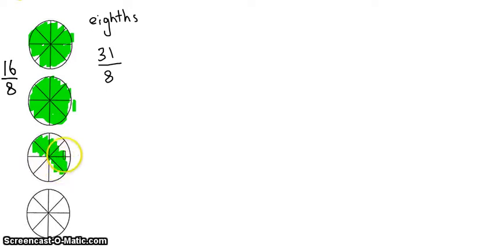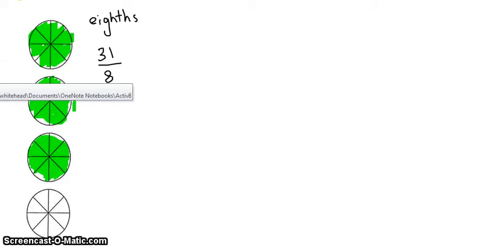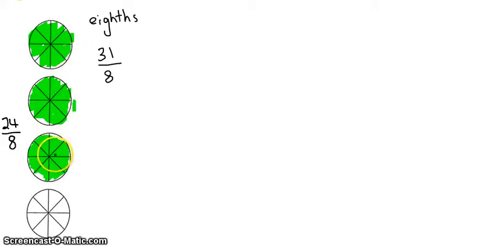So I might need to shade in another whole or another 8 eighths. And now I would have shaded in not 16 eighths, but, excuse me, 8 and 8 is 16 and 8 is 24 eighths. Okay, so here we've got pictures representing 24 eighths, but I want to shade in 31 eighths. So I need to shade a few more.